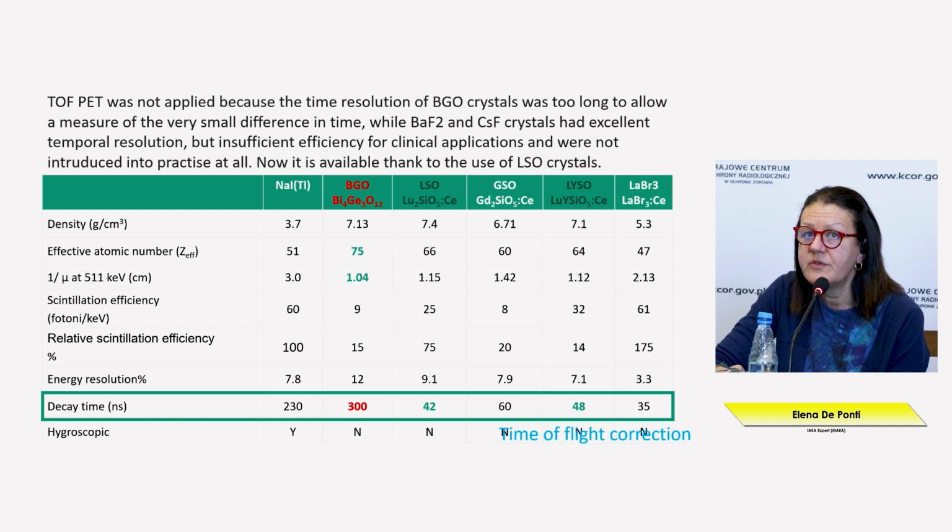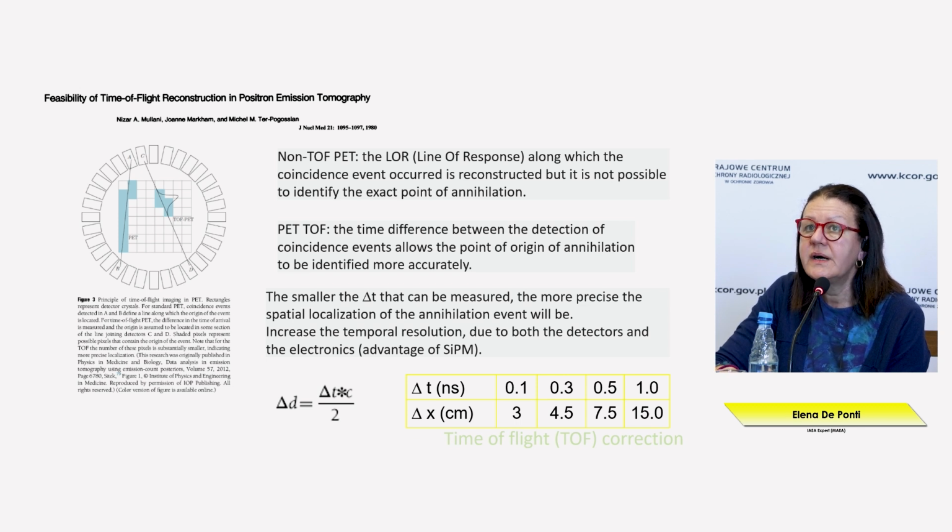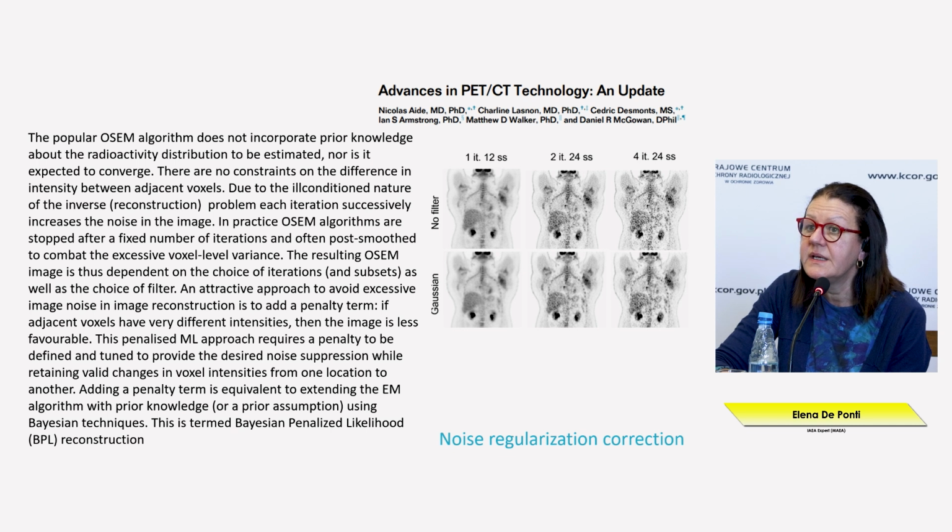That is a powerful way to have a less noisy and more accurate evaluation of the position of the annihilation, and the shorter is the difference in coincidence time recorded by the two detectors on the two sides of the line of response, the shorter is the distance on which we can position the event, and so a more efficient reconstruction.